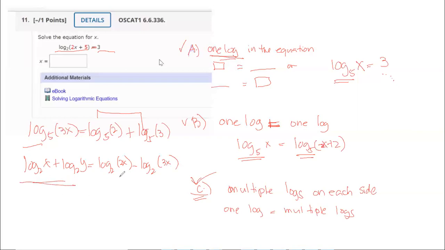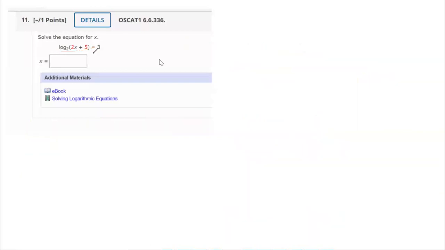You have 2 logs and 2 logs. So again, that's still situation 3. This is basically situation 1. If you have situation 1, then change this to exponential form to be able to solve it.